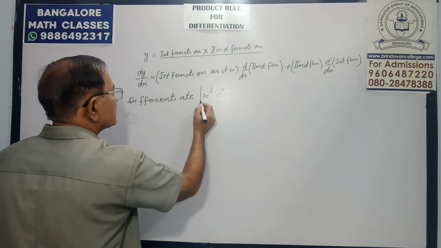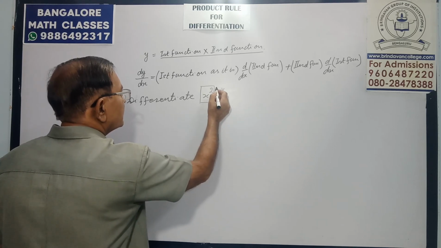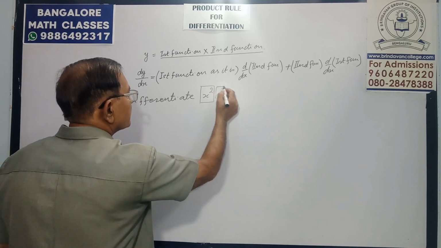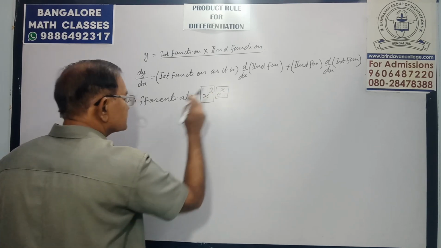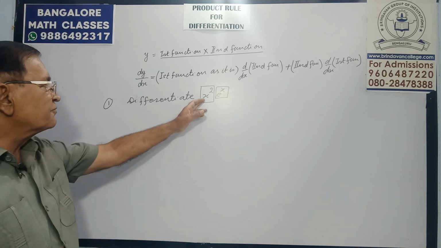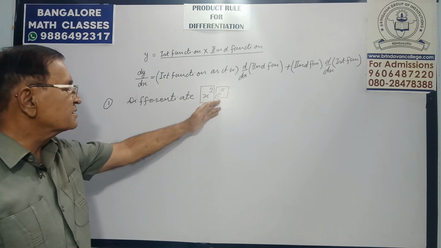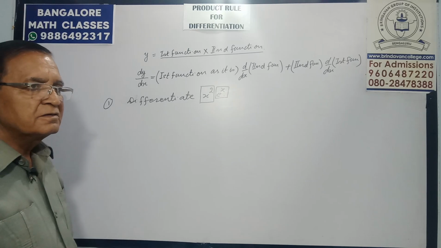See here, it's the product of two, one and two. Both are having x. In the first function x is there, in the second function x is there. Because x is there in the first term, we will call it the first function. x is there in the second term, we will call it the second function.